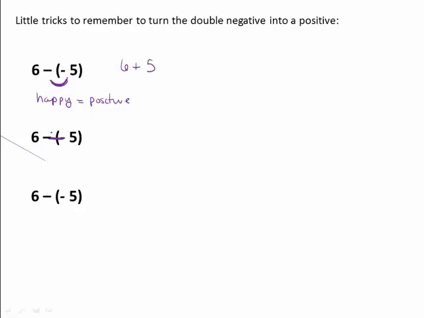You can connect the dots, and it's a giant plus. So 6 plus 5. And then some people like to strike them both. But you have to remember, if you're doing this strike them both thing, that has to be 2 negatives. No matter which tip you use, as long as you remember that that double negative becomes a positive.